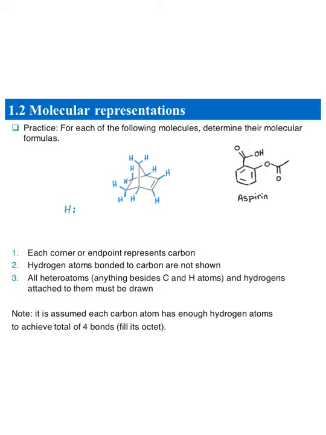So number of hydrogens, number of carbons. Let's count. I have 1, 2, 3, 4, 5, 6, 7 carbons. And I have 1, 2, 3, 4, 5, 6, 7, 8, 9, 10 hydrogens. So the formula for this one is C7H10.